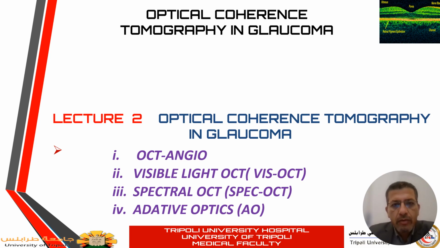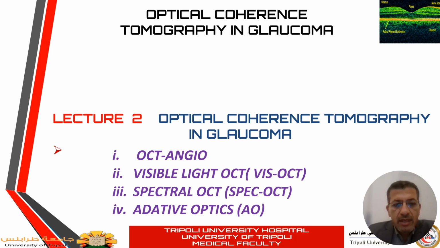In this lecture, we will concentrate on some recent technologies that are used in the progression and early diagnosis and detection of glaucoma, like OCT angiography and visible light OCT, spectral OCT or retinal oximetry, and some of the adaptive optics.